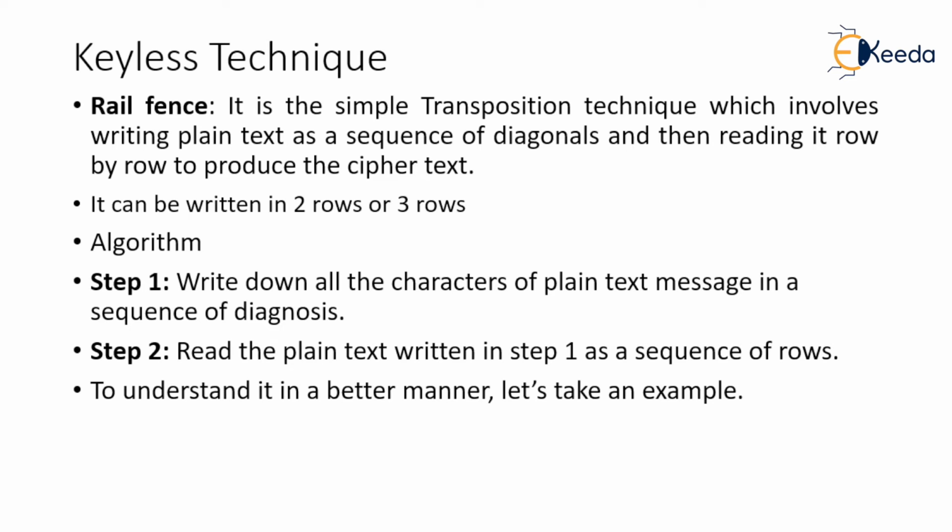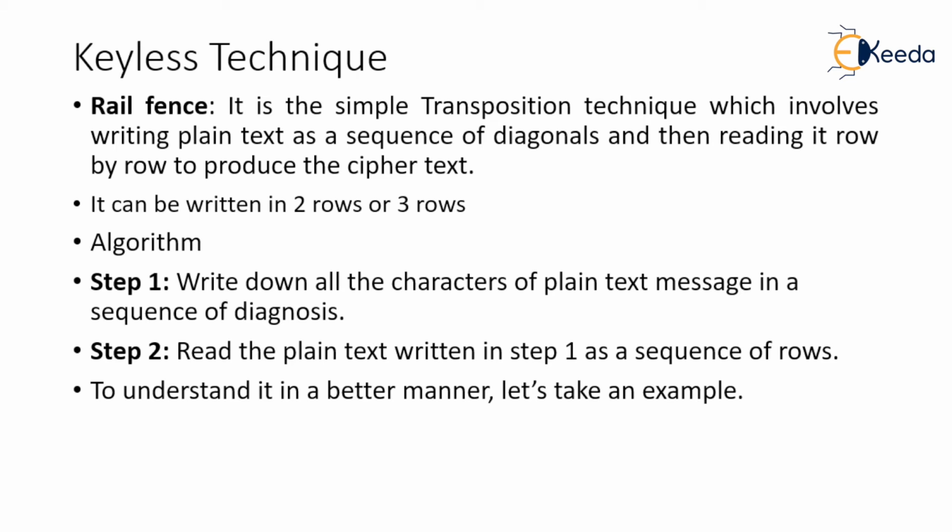So what does the algorithm of the rail fence transposition technique say? The first step is to write down all the characters of the plain text message in a sequence of diagonals.